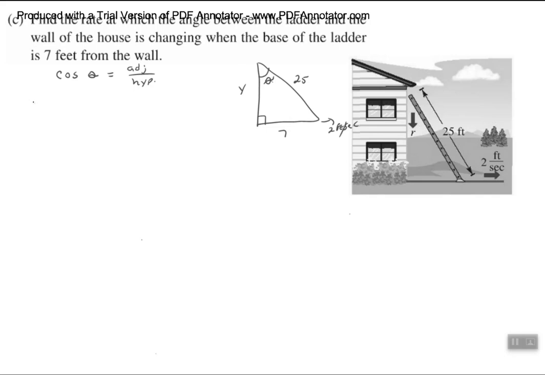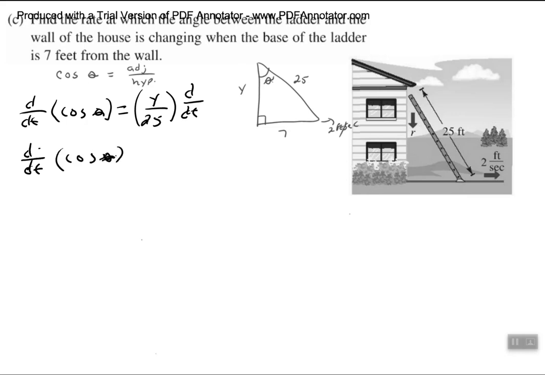So let's go ahead and find our derivative of this with respect to time. Adjacent would be y over 25. Let's rewrite that y over 25 as 1 over 25 times y, so we can keep that constant multiple out there.